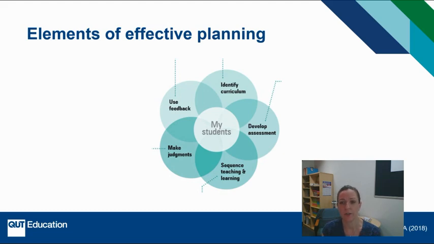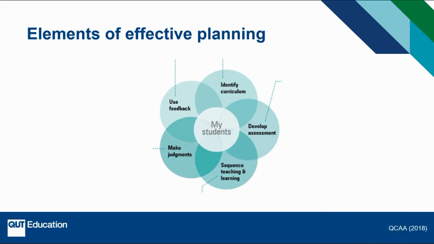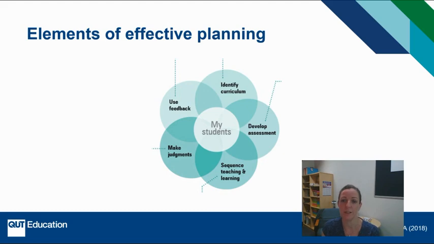But these processes include identifying the curriculum, so being able to select the curriculum content, school priorities and context for learning; develop assessment, planning a variety of assessment instruments to collect comprehensive and meaningful evidence of learning; sequence teaching and learning, planning teaching strategies and learning experiences to respond to the needs and the interests of the learners; make judgments, using the evidence in student responses and considering how judgments will be made about the quality of learning; and use feedback, considering how and when to provide feedback.